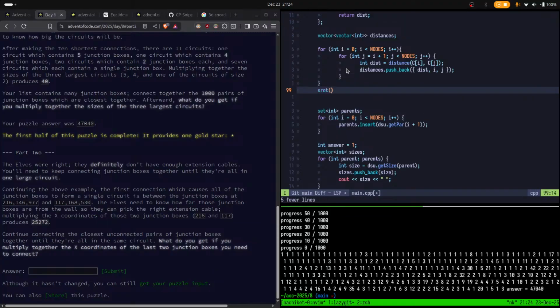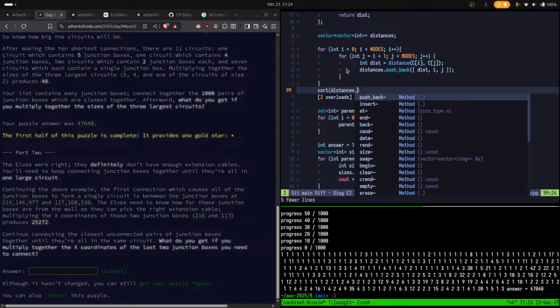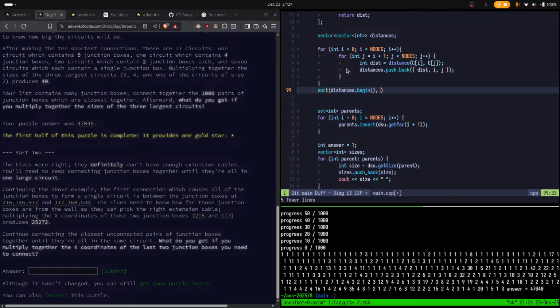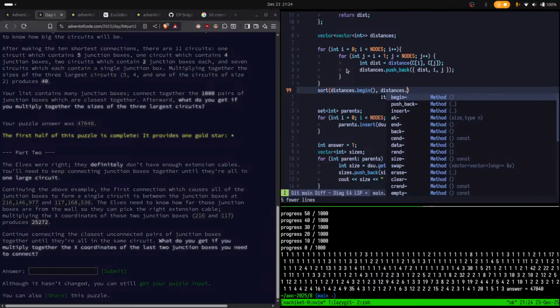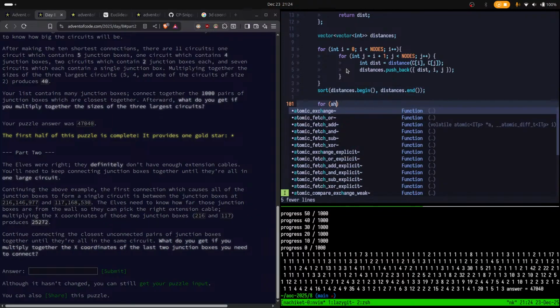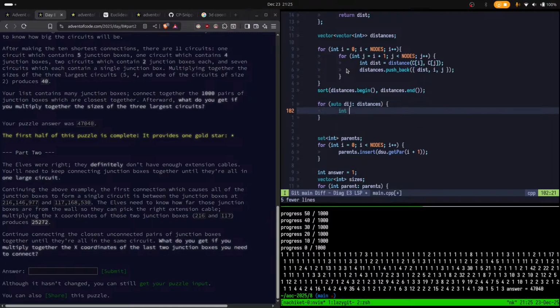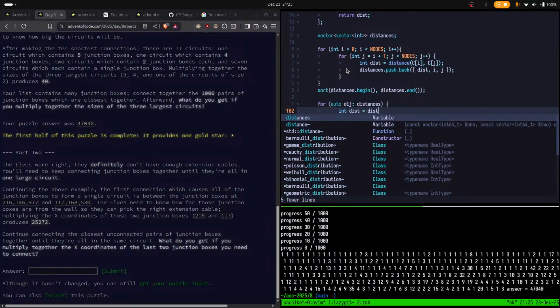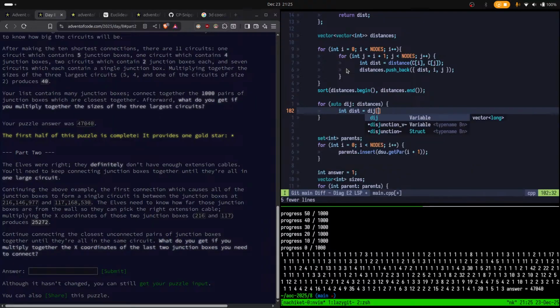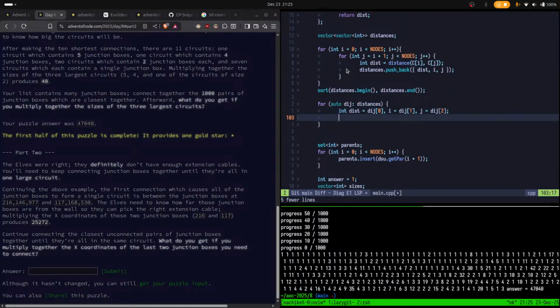So if we sort the distances and traverse them in order from left to right, from small to large, so for auto, say d, u, v or dij in distances, we have the distance as dij of 0, i as dij of 1, j as dij of 2.